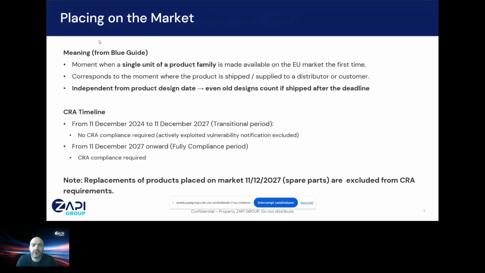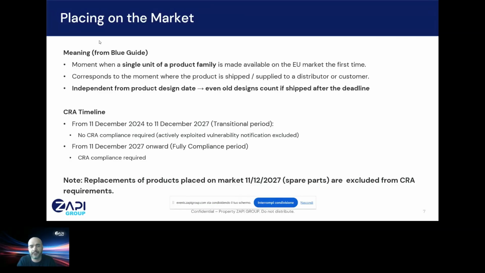The second concept that is important for the CRA is the concept of placing on market. In particular, the placing on market is well described in another document released by the European regulation, that is the Blue Guide, that defines the placing on market as the first moment when the single unit of a specific product family is made available on the European market.